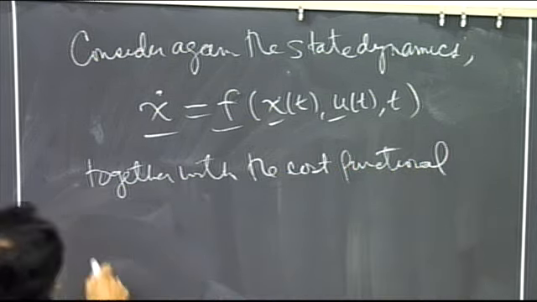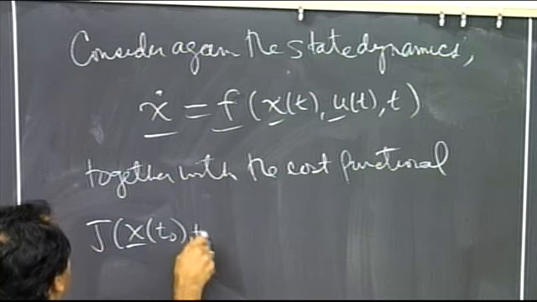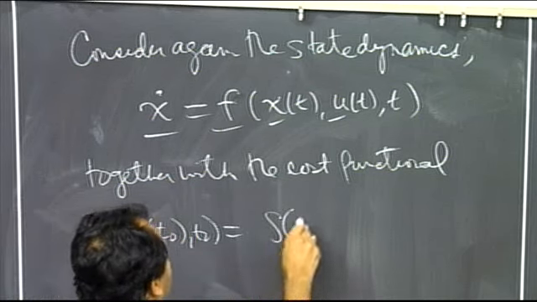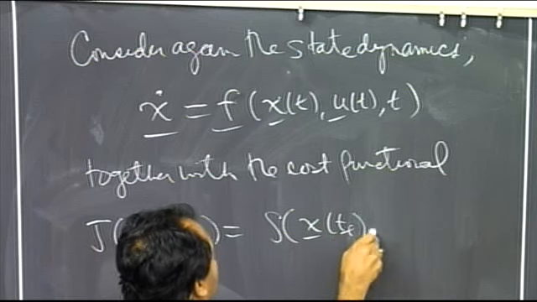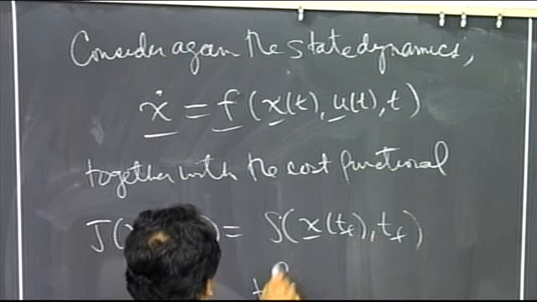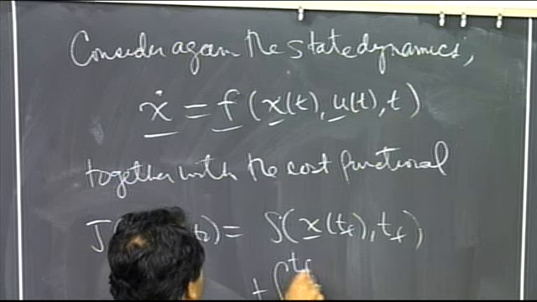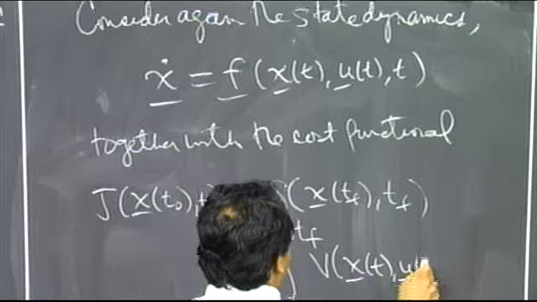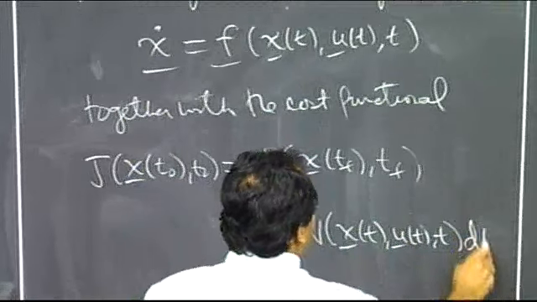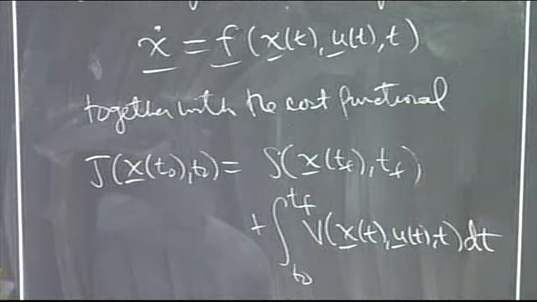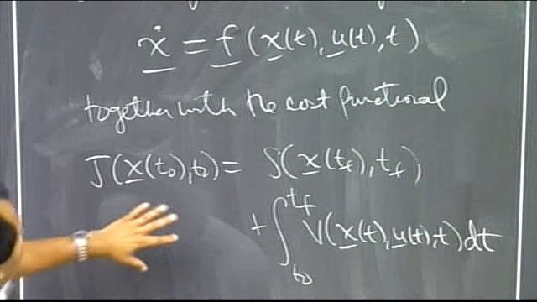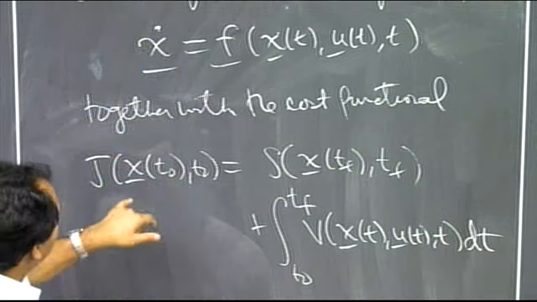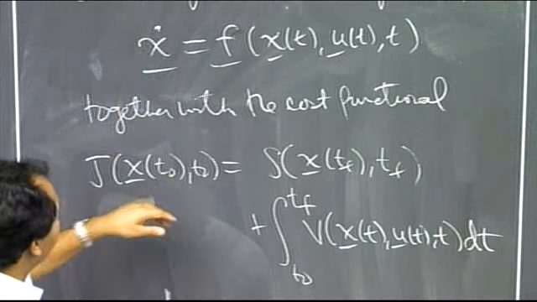J, which is a function of x of t0, is equal to s of the final state, since I'm only going to deal with a final state in this case, plus the integral from t0 to tf of v of x of t, u of t, t. That's the problem we have. I want to minimize this subject to this constraint. x at t0 is a fixed, known quantity: x of t0 equals x0.